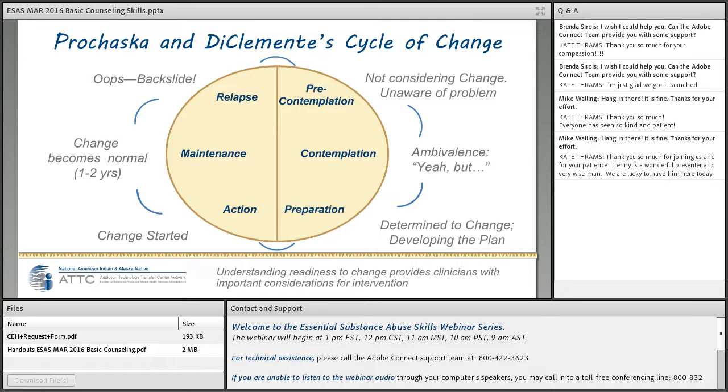Often, when we talk about relapse, we use the word oops or backslide. For me, I don't like to use the word relapse when a client has a slip. When I think about relapse, I think about the individual who relapses, continues to relapse, and stays there.